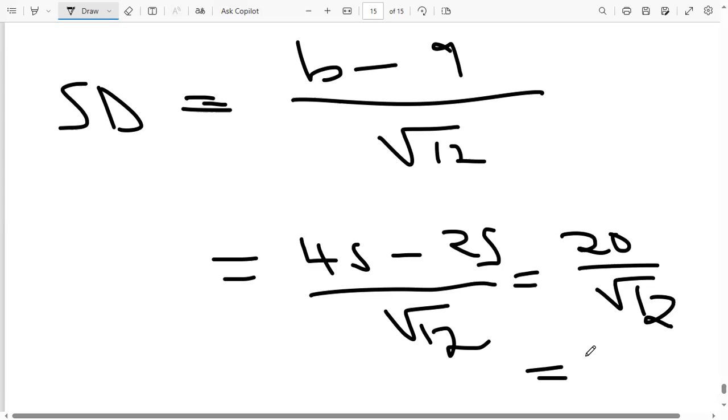This will give you approximately 5.77. So this one here will be the standard deviation. Okay, so that's how you go about the uniformly distributed questions. Okay, just know the formulas. If you don't know the formulas, you can't solve any questions about the uniform distribution.